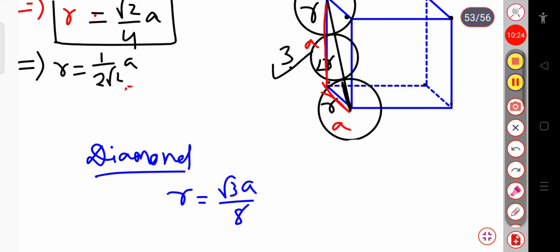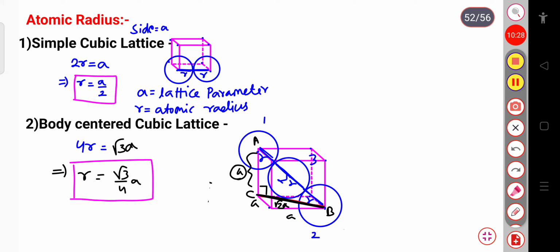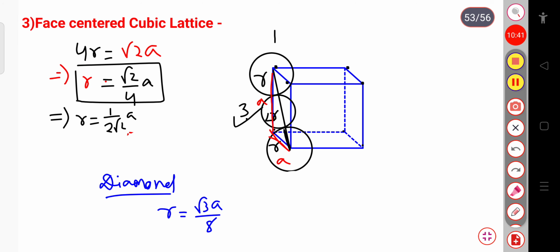And here the number of atoms per unit cell is 8. So we have discussed today that for the simple cubic lattice, atomic radius equals a by 2, for the body centered cubic lattice, r equals root 3 by 4a, in case of the face centered cubic lattice, r equals root 2 by 4a, and in case of the diamond, r will be equal to root 3 by 8a.